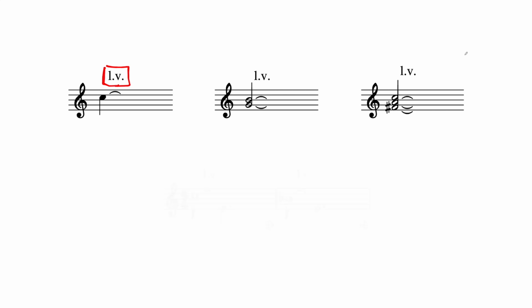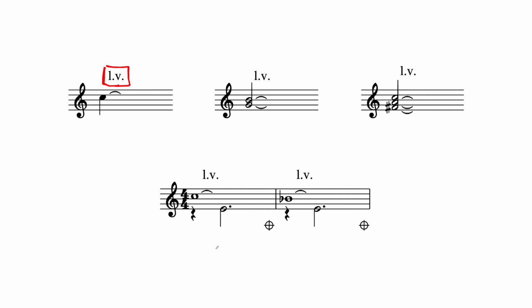And if you want a note to be muted, like in this case, then you have to indicate it with the mute to be sure that it is going to be muted. And you see here, C will not be muted, but E will be muted at the end of the measure.